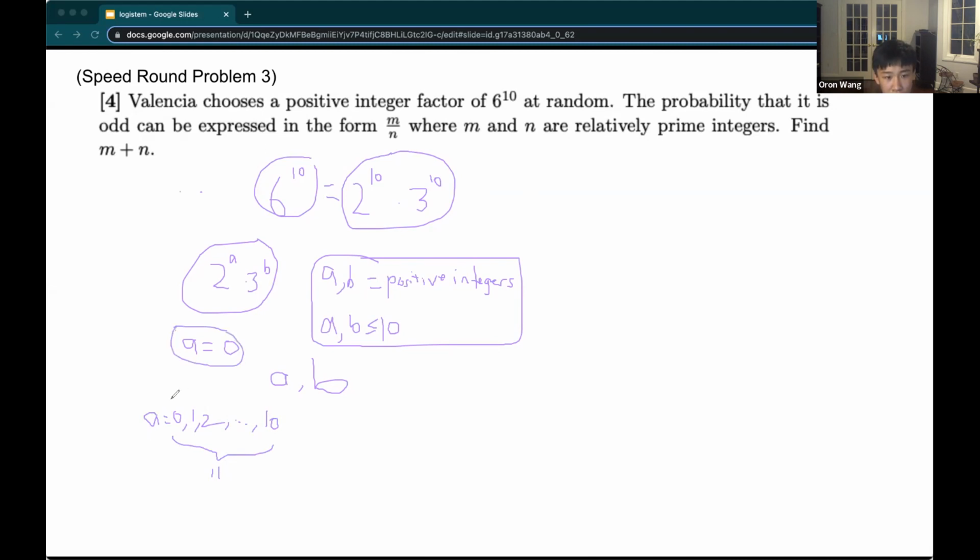So the chance of it being this one out of these 11 choices is 1 over 11. So m equals 1, n equals 11, m plus n equals 12, which is the answer.